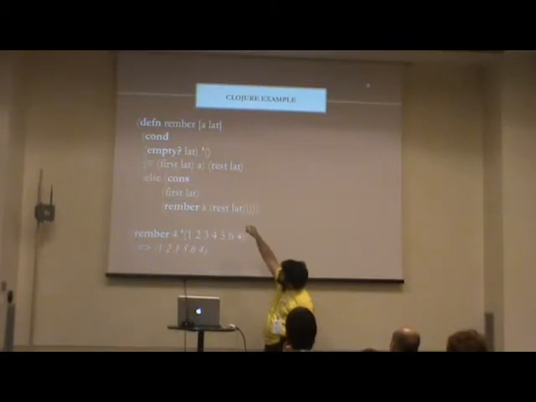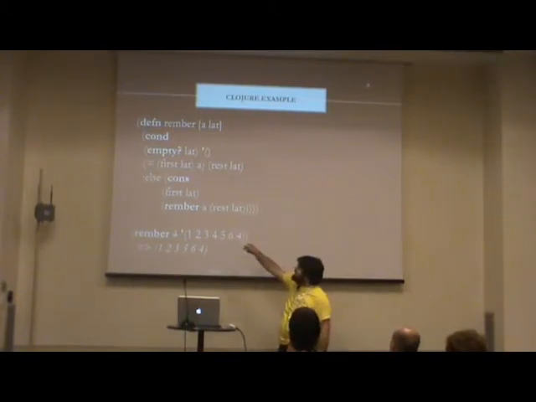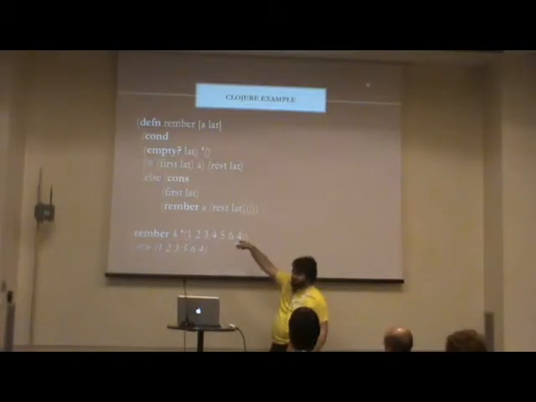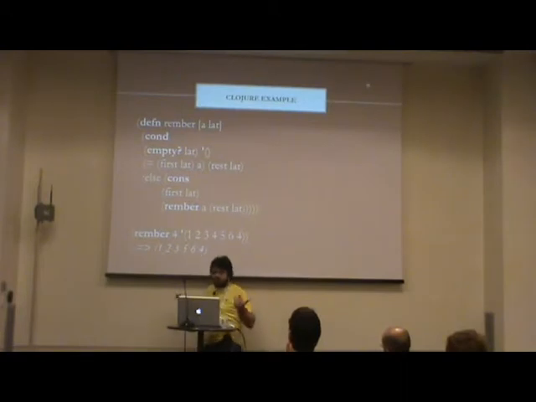If the first element of the list is equal to a, then return the rest of the list because we are removing that element. Okay? And otherwise, we just return a list whose first element is the first element of lat, and whose rest of the list is the rember function applied to the rest of that.